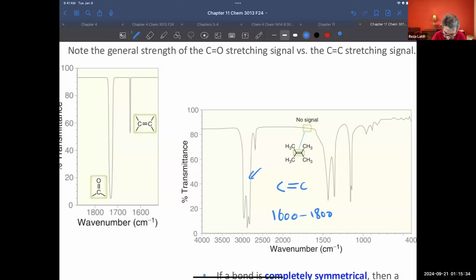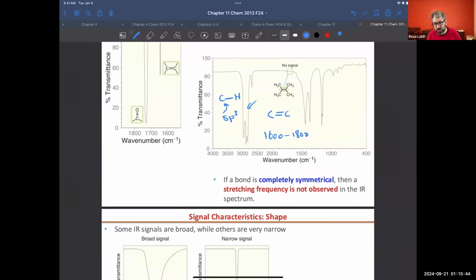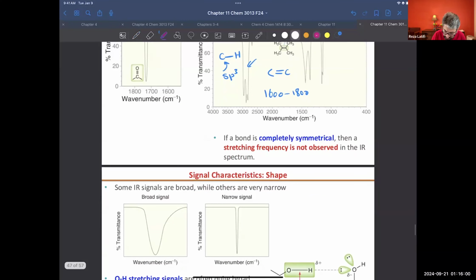That peak is a CH, where carbon has sp3 hybridization. So if you have a symmetrical molecule, you will see fewer peaks, and some functional groups may not show any peak because the molecule is symmetrical. So highlight that.